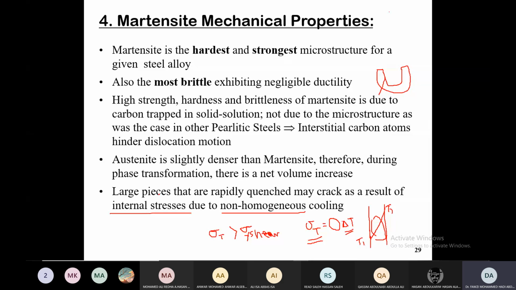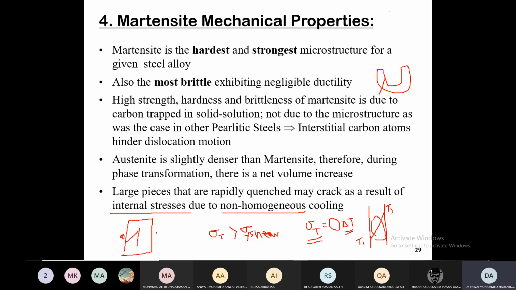So this is a problem specifically when we have large pieces being quenched, because when you quench large pieces, there will be a difference between the internal temperature and the external temperature. So there will be a temperature gradient in between.